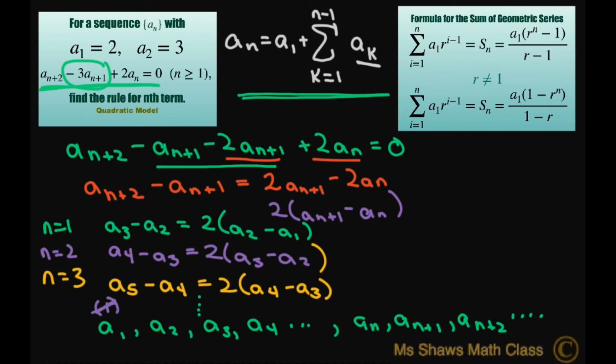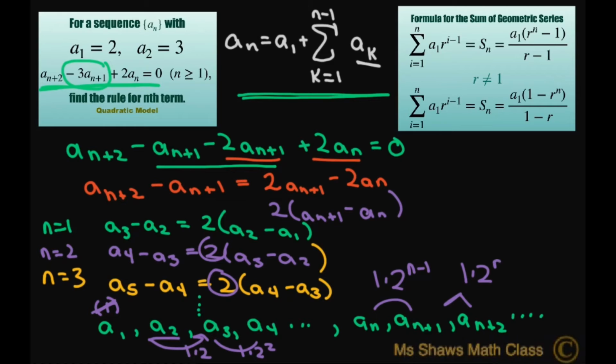Oh, a sub 1 is 2. So basically, if you look at this and go this way, this would be 1 times 2. This would be 1 times 2 squared, because we're looking at these 2's here. And then this one right here would be 1 times 2 to the power of n minus 1. And this one right here would be 1 times 2 to the power of n.